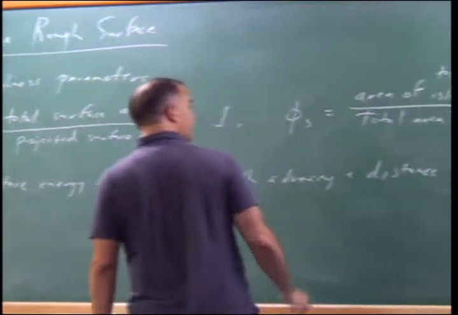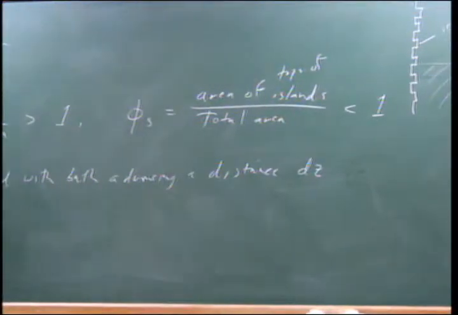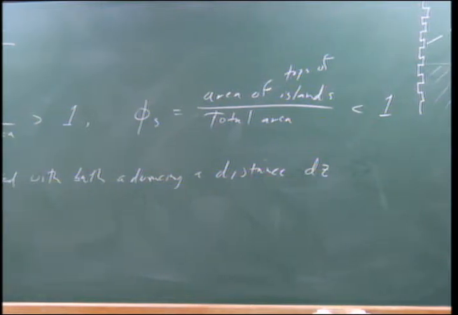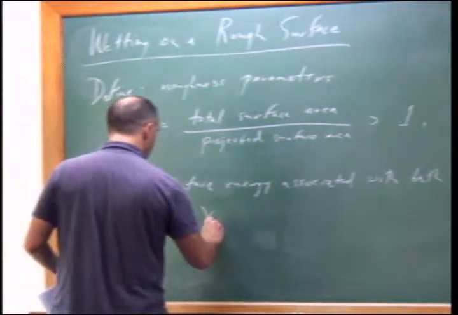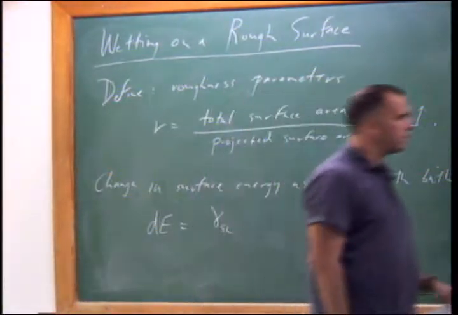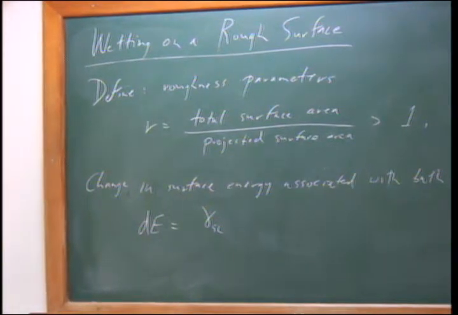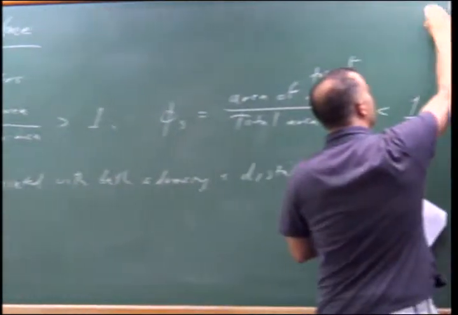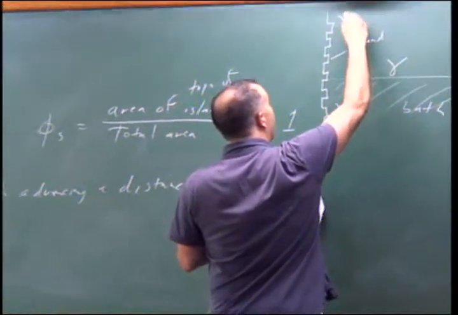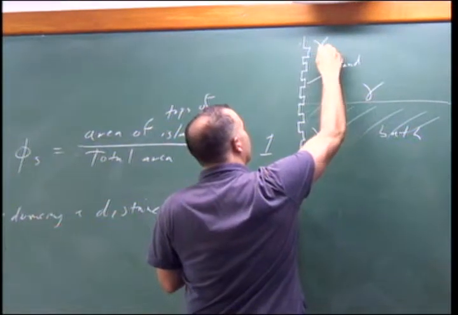dz. Okay, so if this thing advances an amount dz, then the change in energy is going to be, so let's define all of these. So this is gamma solid liquid, and this is gamma solid vapor.